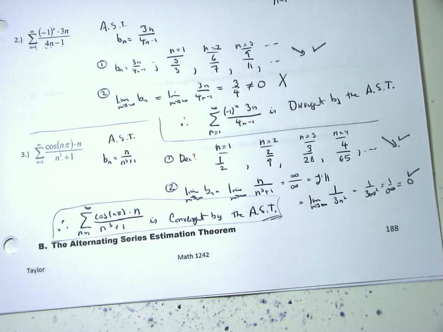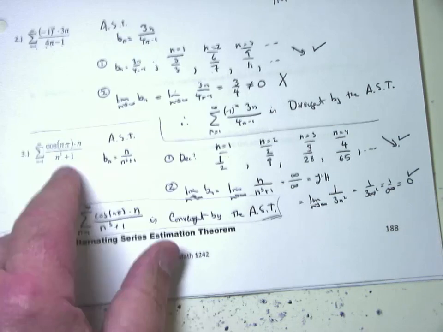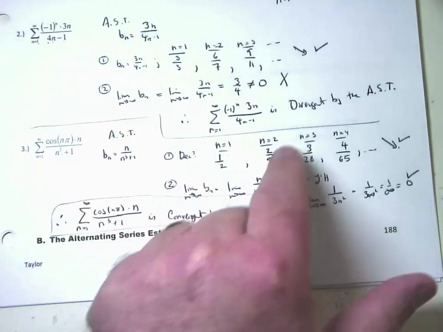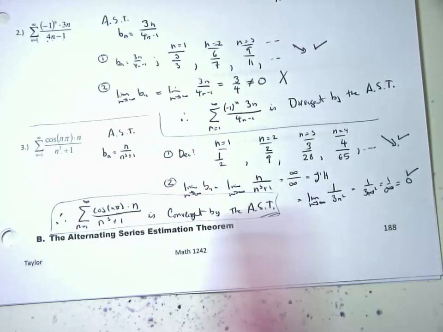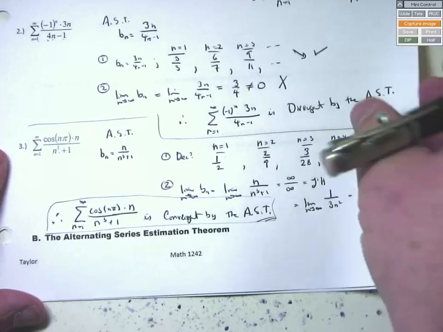You're proving to me, not just saying, oh, it converges. No, I'm not going to take it. No work, no credit. You got to prove it to me. So being an alternating series, I used the alternating series test. I had to pass both parts of the test, and since it does, this series is going to converge. If it fails just one of them, the series diverges. Does that make sense? Okay.